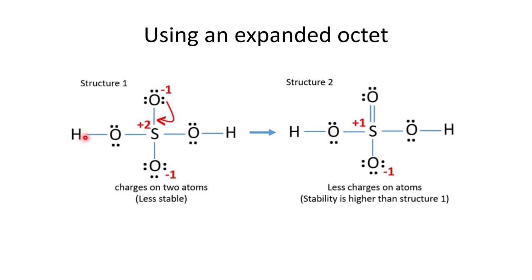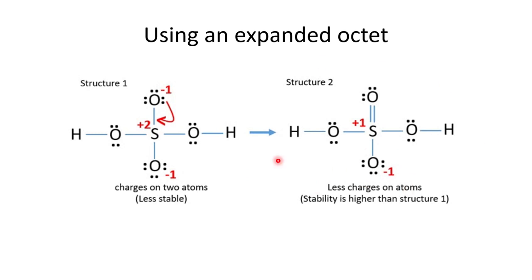In this structure, we have charges on 2 atoms here. Everything is in single bonds. And on this structure, we have a double bond here. And this gives sulfur 5 bonds. We have fewer formal charges, and we have the negative charge on the more electronegative atom.